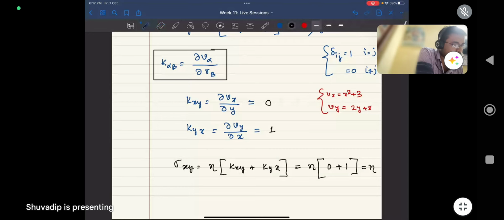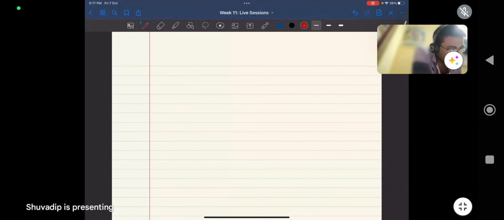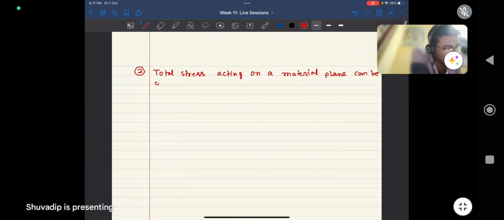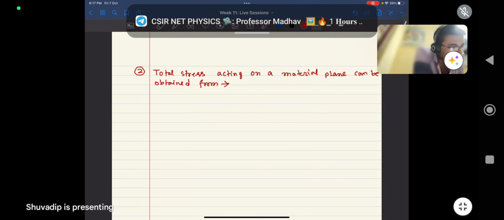Okay, let us go to the next problem, number 2. Total stress acting on a material plane can be obtained from, now they have this multiple choice question.